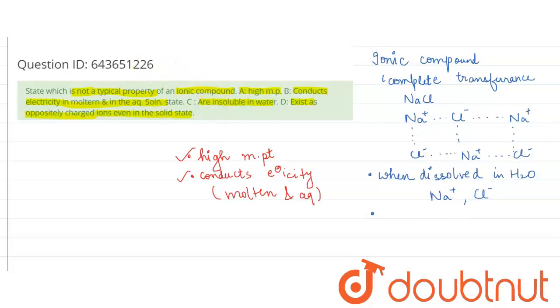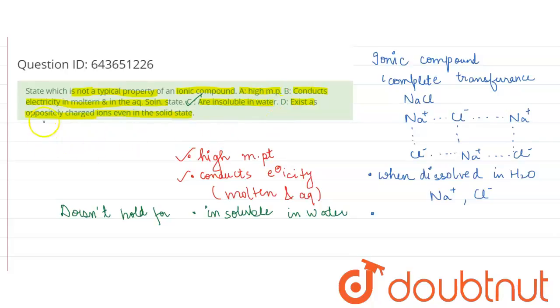So the third property is incorrect; it does not hold for an ionic compound. In the question it is asked which is not a typical property, so it means that C is our right option. But just before giving the final answer, let's confirm D as well.